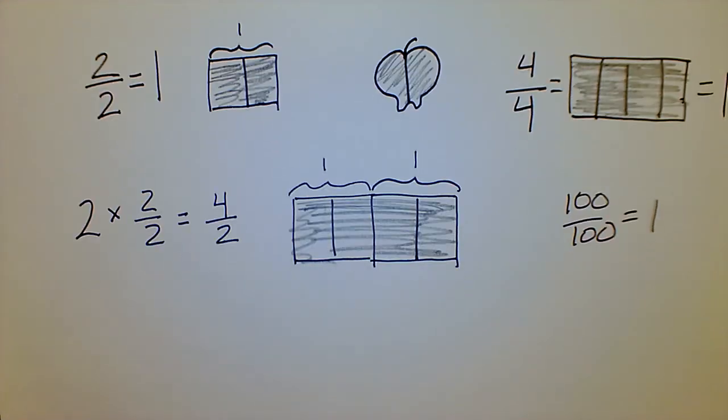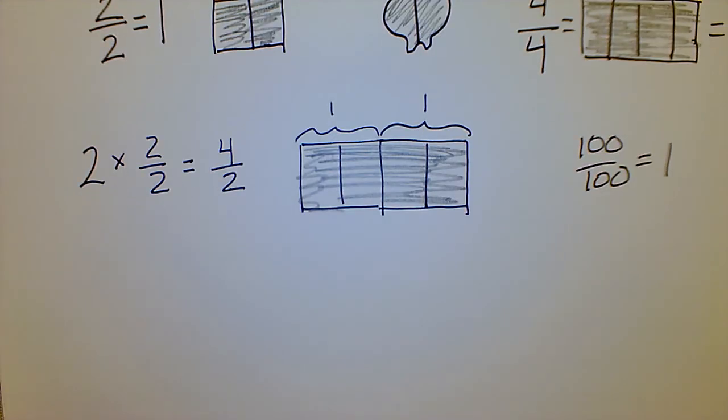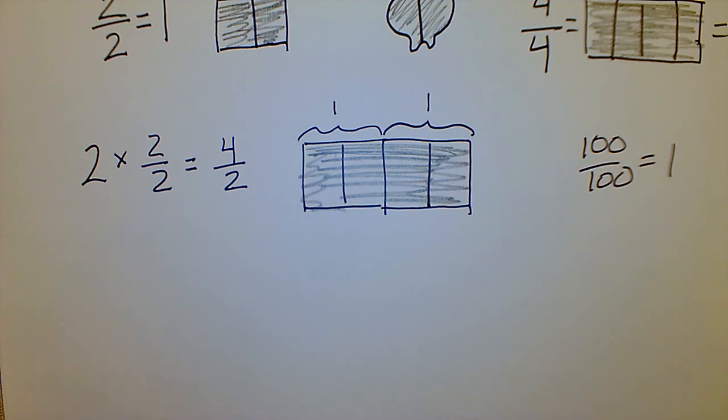That's a really great question, and there are lots and lots of reasons. Let's say I have a candy bar, and I want to break that candy bar up into smaller pieces so I can share it with more friends. That would be a really great reason to want to change the number of pieces that my whole thing has been divided up into or has been split into.